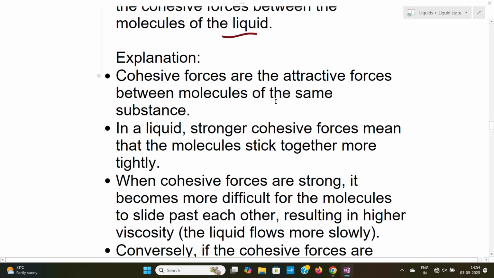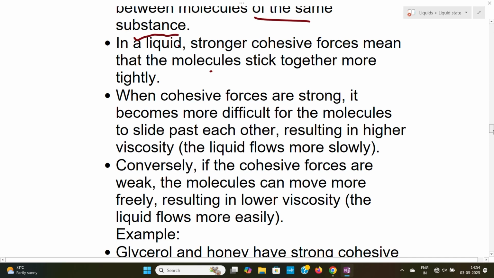We know that the cohesive forces are the attractive forces between molecules of the same substance. And in a liquid, the stronger cohesive forces mean that the molecules stick together more tightly.